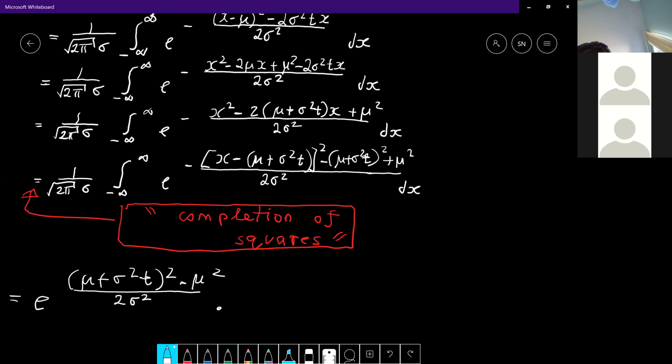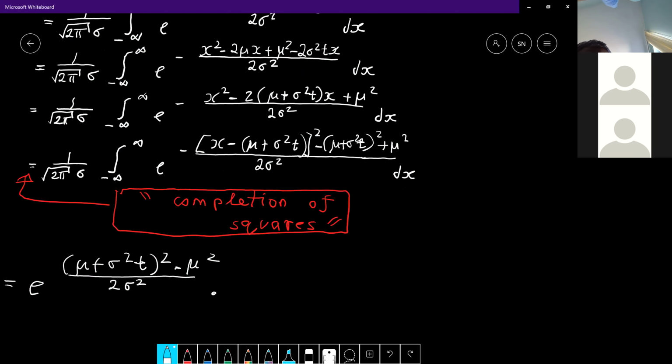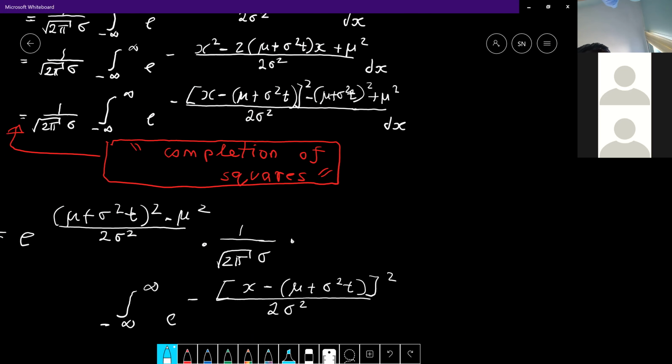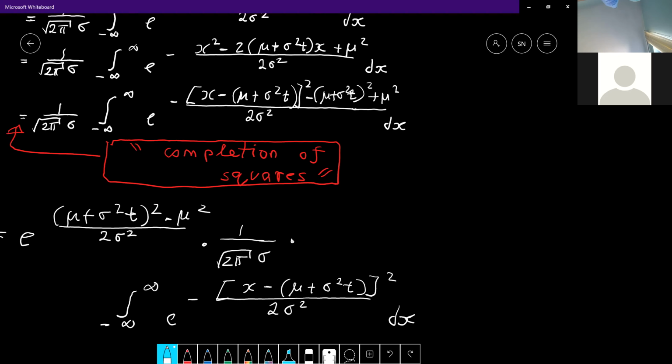What is left is the following: 1 divided by this, multiplied by the integral of e to the power of this. So this is what you have.